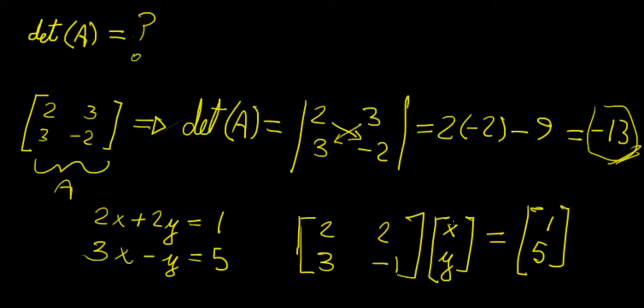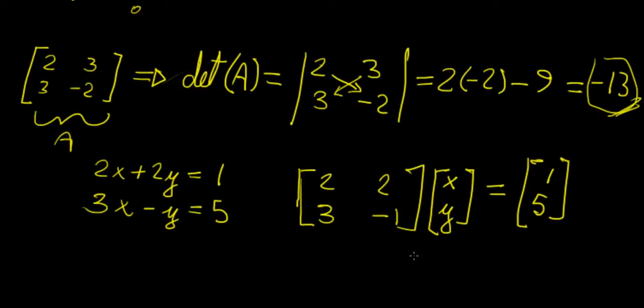The whole idea of finding x and y is to invert this matrix. In linear algebra, we can't divide a matrix by a matrix. Instead we take the inverse, which is a different kind of operation, usually denoted by a minus 1.